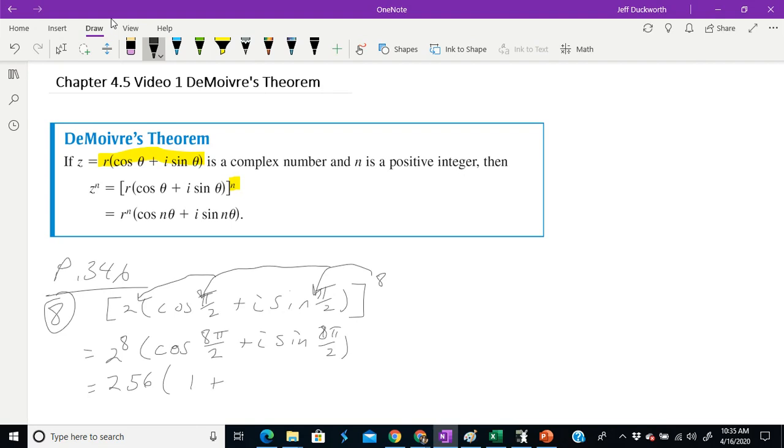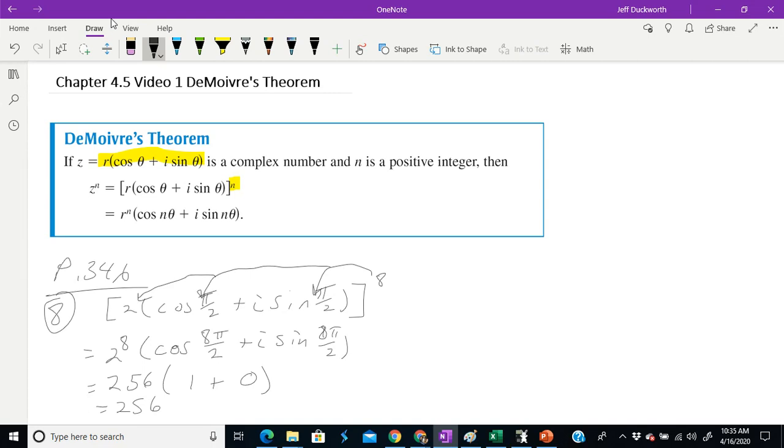And this is i sine of 0, which is just 0. And 0i, we don't need to deal with the i, so it's just 256. And that's all. That was pretty easy. We took a complex number and raised it to the 8th power, and we were able to figure out what it was with relative ease.